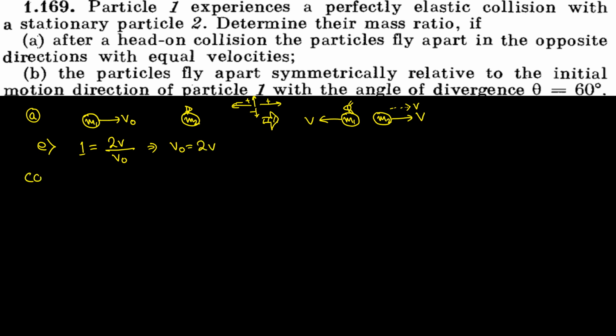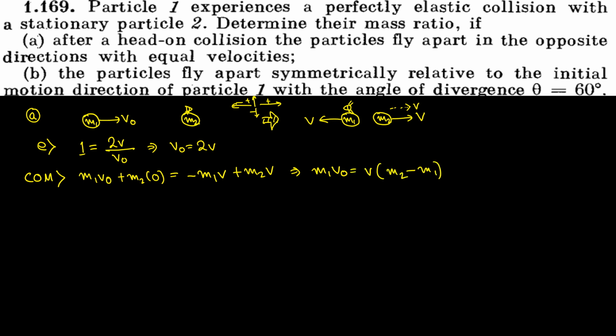And I can also apply conservation of momentum. Initial total momentum, m1 v naught plus m2 into 0, is equal to minus m1 v plus m2 v. Why minus m1 v? Because v1 is in the opposite direction. So m1 v naught equals v times (m2 minus m1).